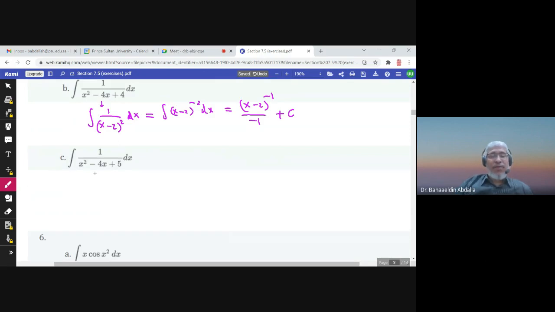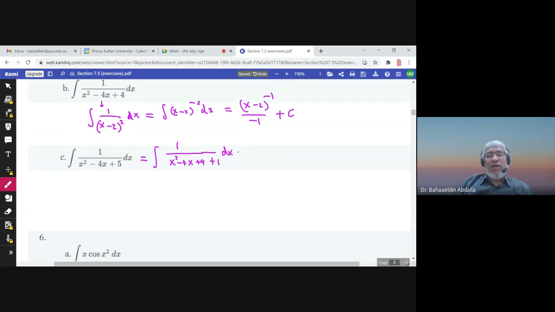While here, I have plus 5. If you try to factor this, it cannot be factored. This polynomial has no real zeros. So what I can do is write it as x squared minus 4x plus 4, and then plus 1.